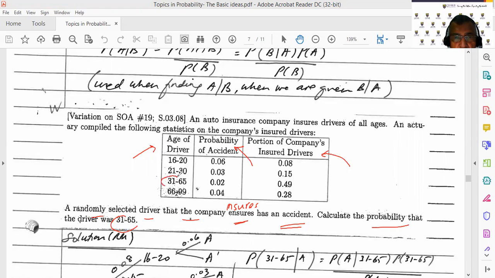So you pick somebody among your insured group, and find this guy has had an accident. What is the probability that this person was from the age group 31 to 65? You see, we are dealing with conditional probabilities.